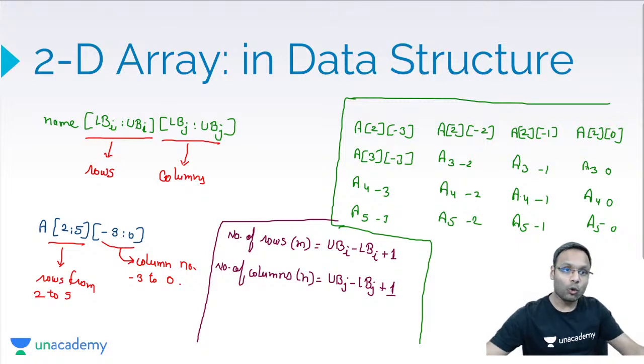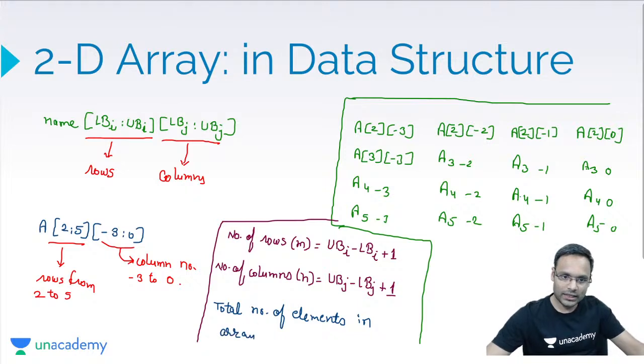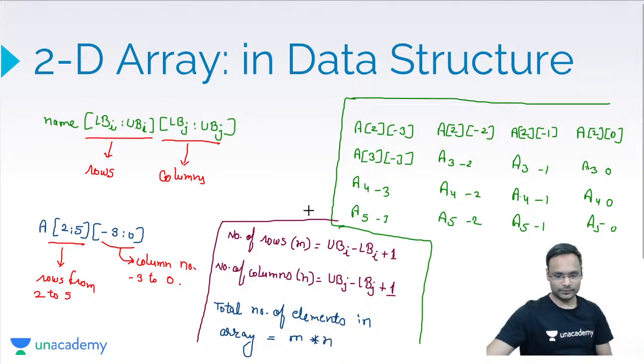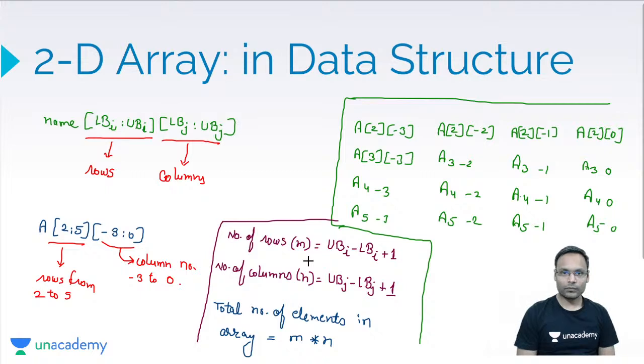Right? So total number of elements in the array will be how many? Total number of elements in array is equal to m cross n. That's it. Got it?